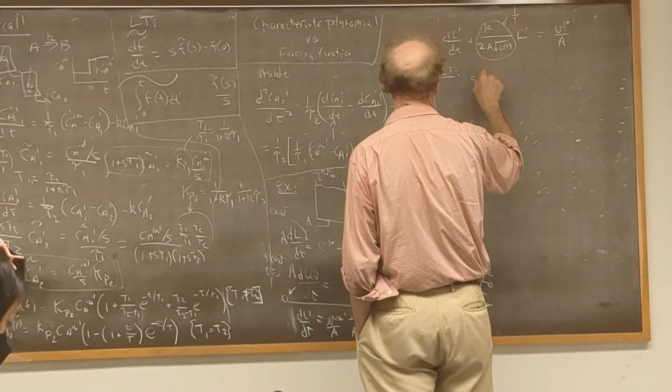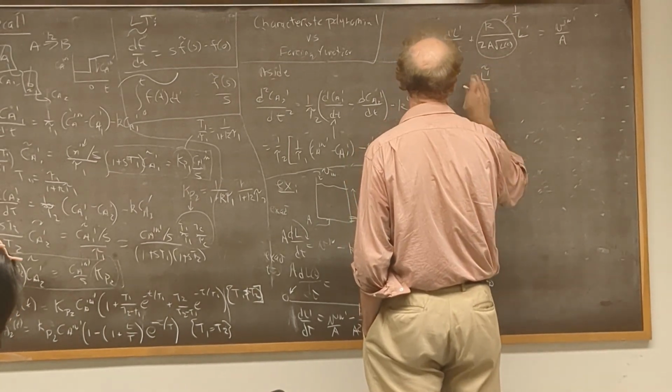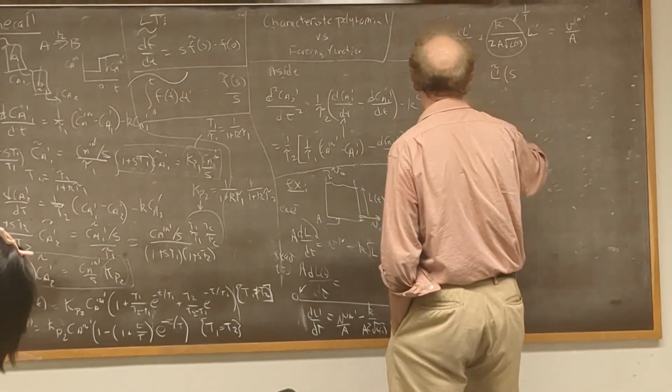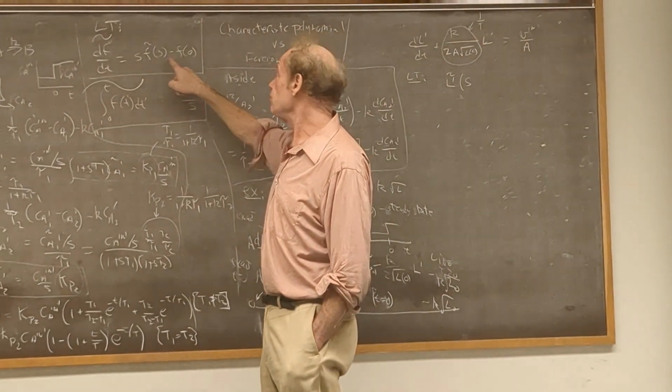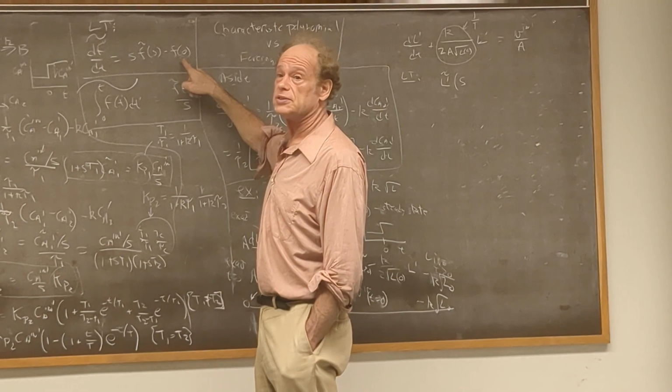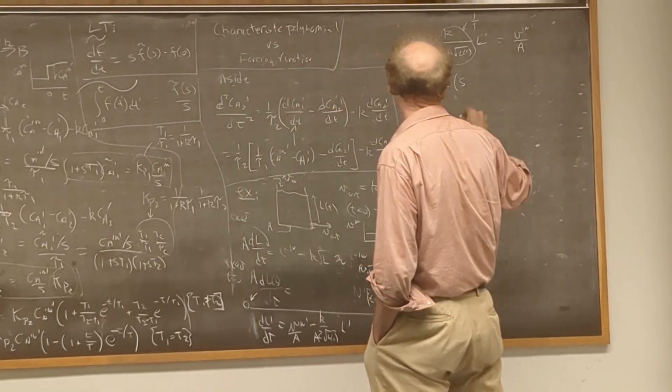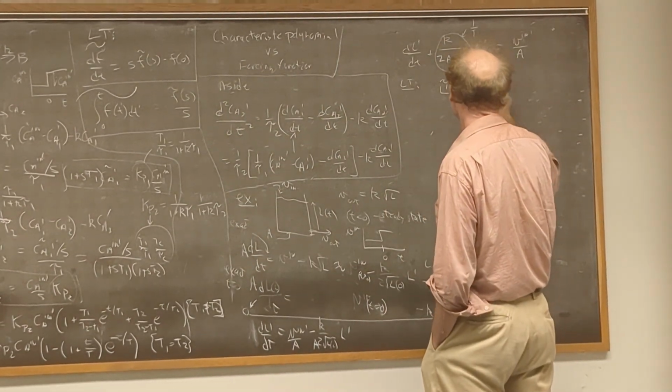If we Laplace transform, we have L prime tilde times S, because we use this transform of a derivative. Again, since we're in prime variables, L prime of 0 is 0. And then I have plus 1 over t for this.